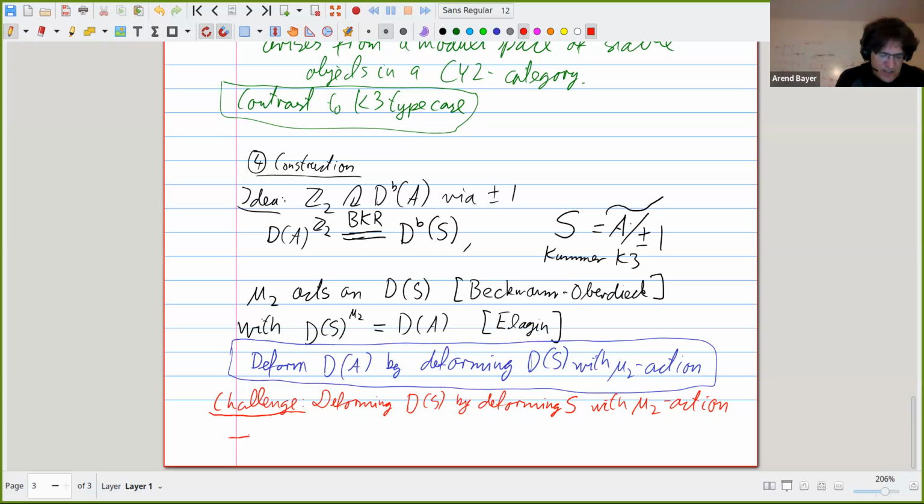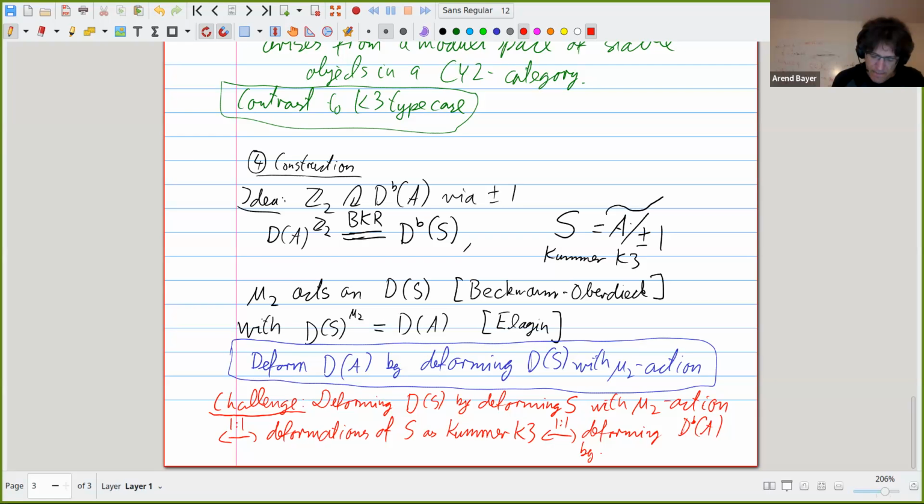And it's not so difficult to see that this is just in one-to-one correspondence with deformations of S as a Kummer K3, in other words, as a K3 that arises from an abelian surface. And so that just corresponds one-to-one to deforming D^b(A) by deforming A.